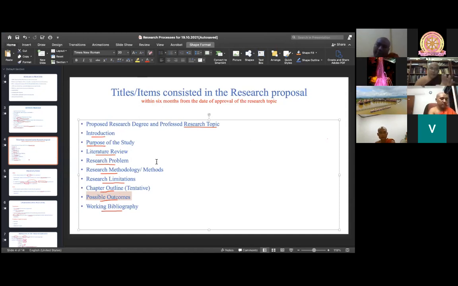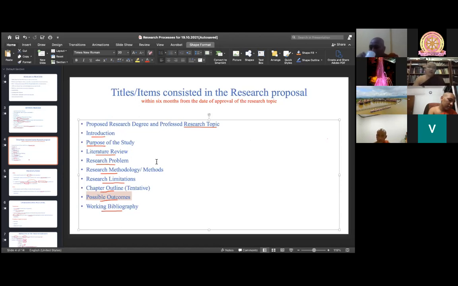Hypothesis and possible outcomes are quite similar to one another, especially since possible outcome means the new idea or new interpretation of our research title. As far as I understand.